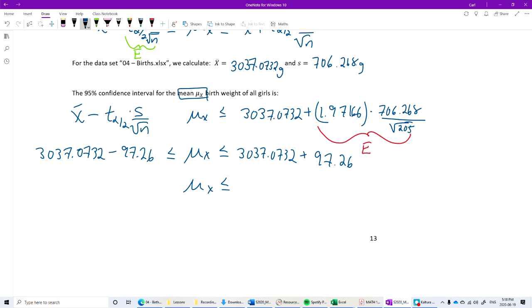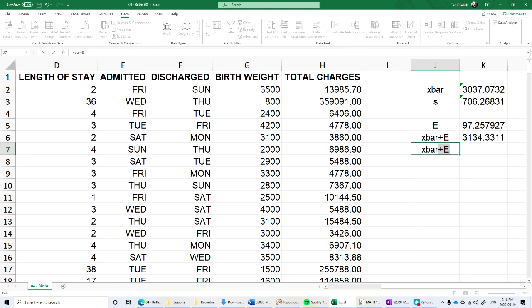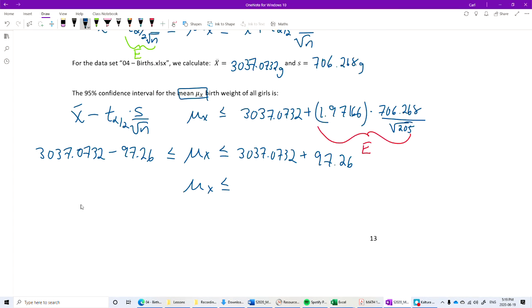So what's my final answer here? Here I'll say X bar plus E is K2 plus K5. X bar minus E is K2 minus K5. So there's my upper and lower limits. The lower one, 2939.8.